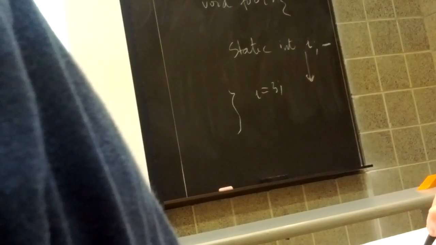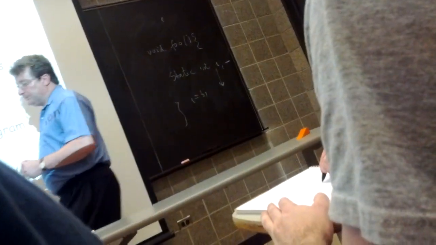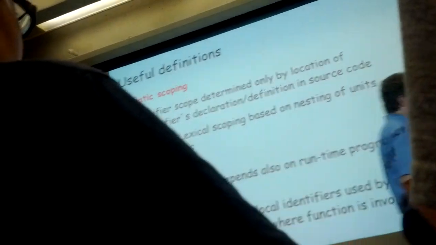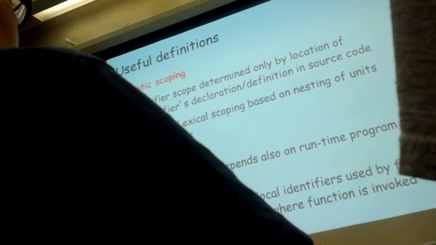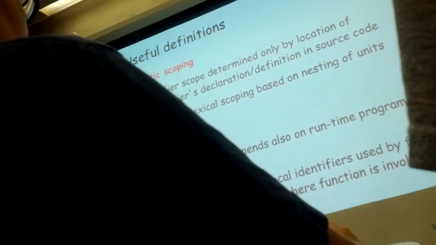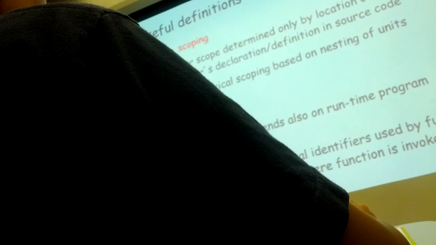Static scoping means that the scope of an identifier is determined only by the structure of the source code. I was discussing scope earlier. For this identifier I, the scope is from the point where I is defined all the way to the end of the function that contains the definition of I. That's an example of static scope.